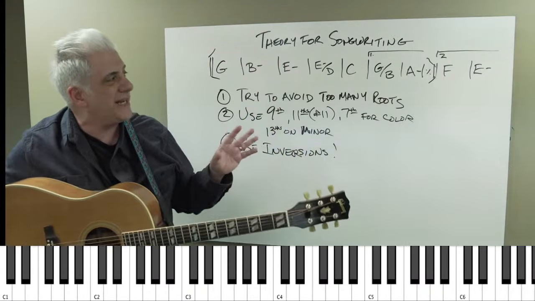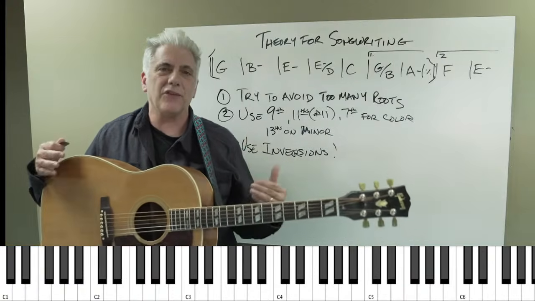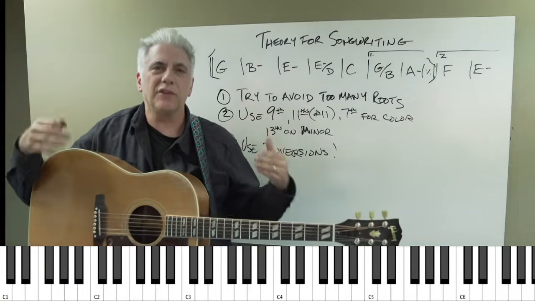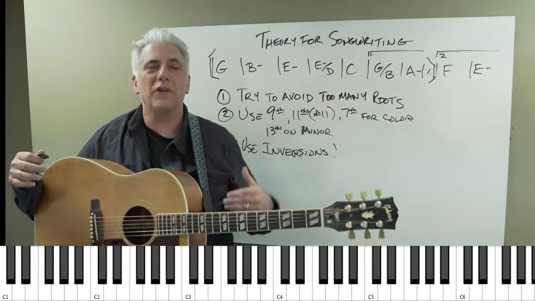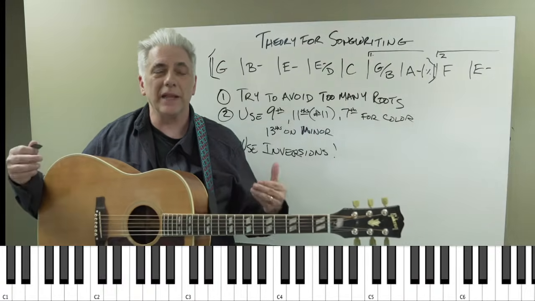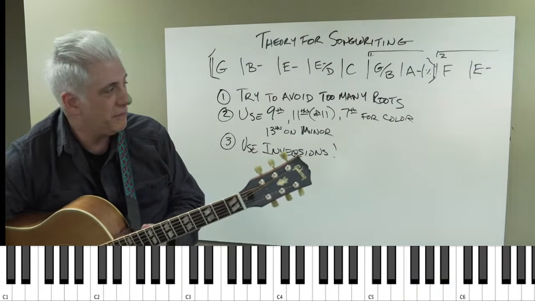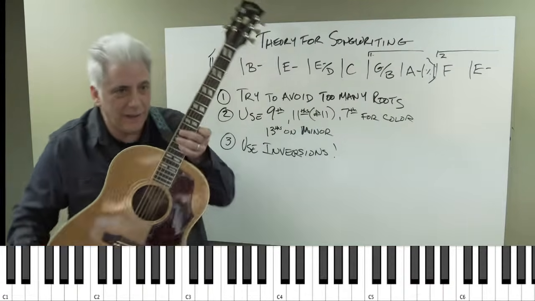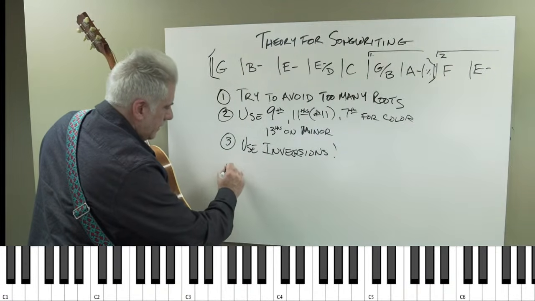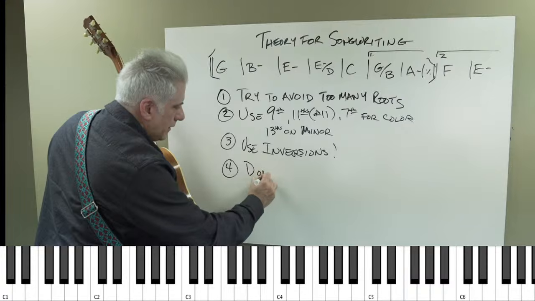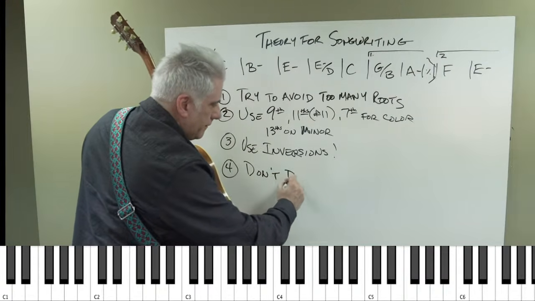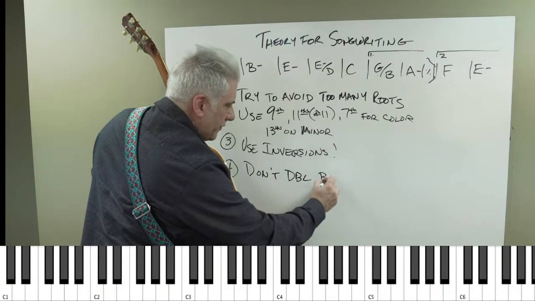And one of the things that he did was he would put the bass line on last. He would listen to the melody and then make sure that he wasn't playing the melody note in the bass, okay? You don't want to double the bass line. That's another important thing. Don't double the bass.